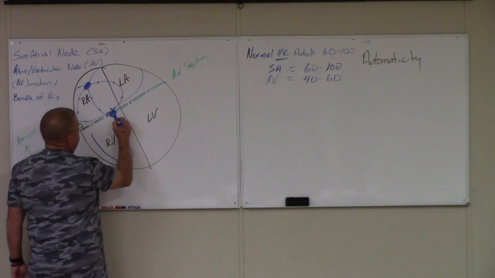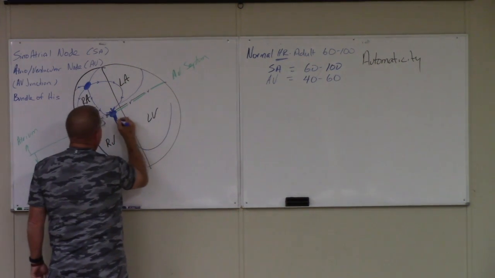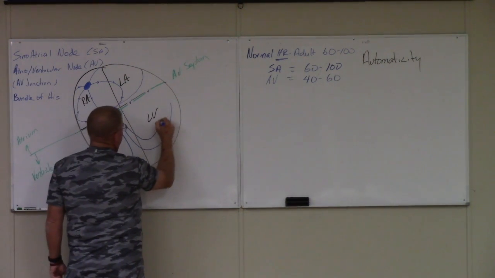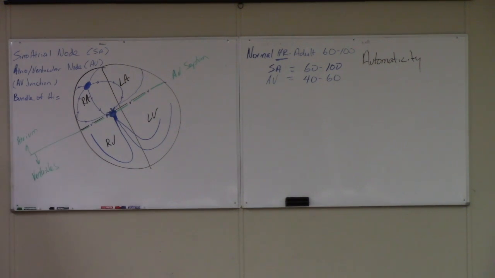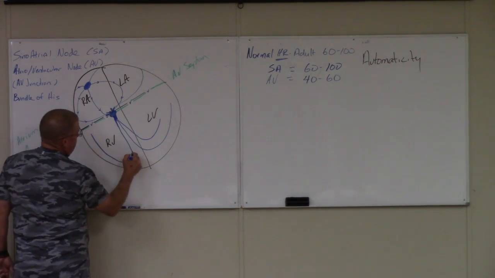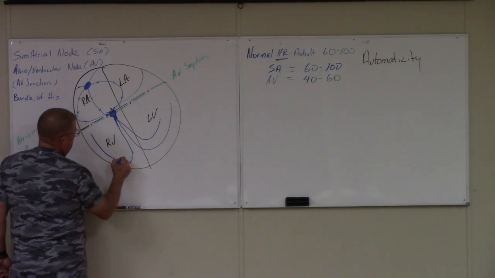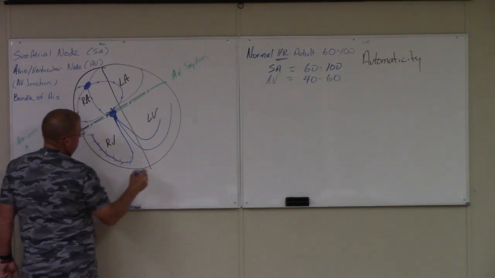On your left, you've got two of them. Come down, back up. Okay. And on these right and left bundle branches, there are little fibers starting down here at the bottom, and they work back all the way up this ventricle.